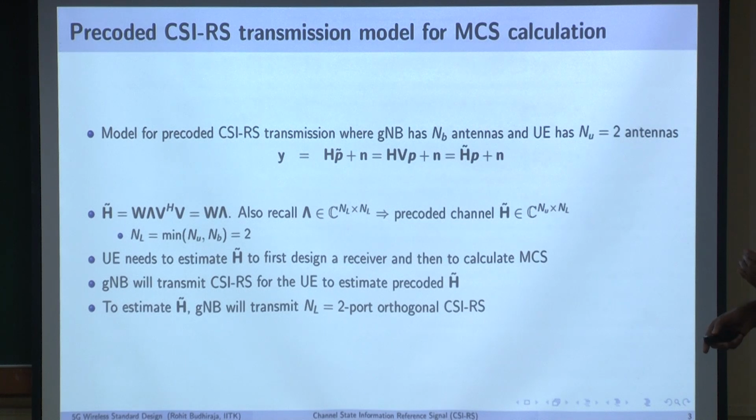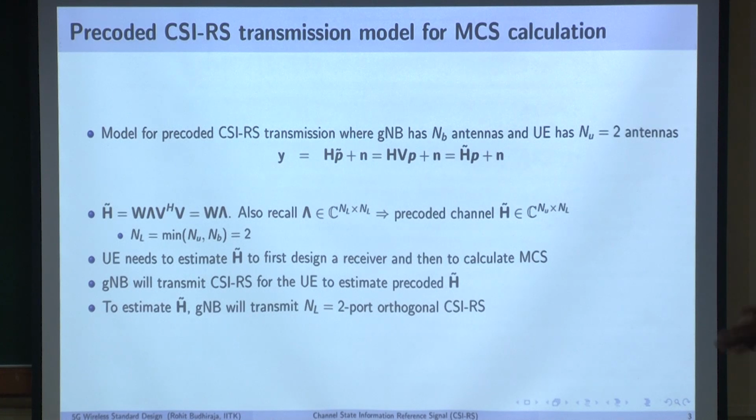Now CSI-RS, as I said, is used for estimating the unprecoded channel also. For an FDD system, I gave you an example. If the unprecoded channel has to be estimated, you have to design based on the dimension of H, not H tilde.